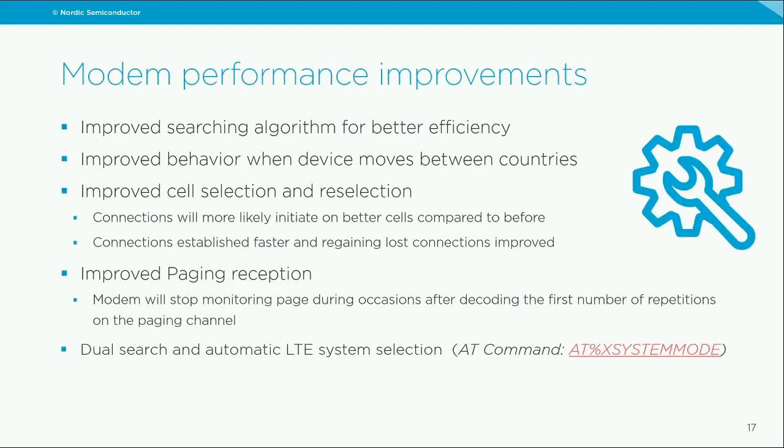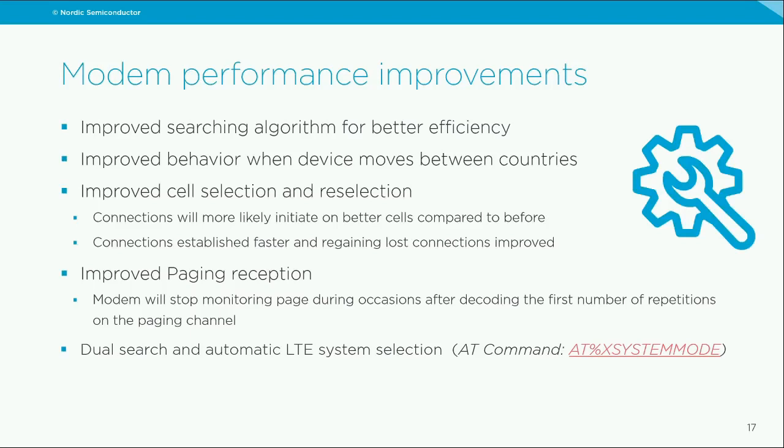And also we have improved the behavior when a device moves between countries. And also we have improved the cell selection and reselection. This means, for example, the connections will more likely initiate on better cells compared to before. And connections should be established faster and regaining lost connection is improved compared to before.